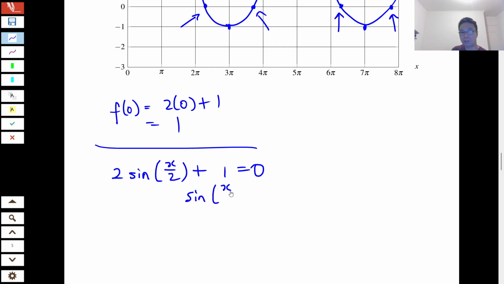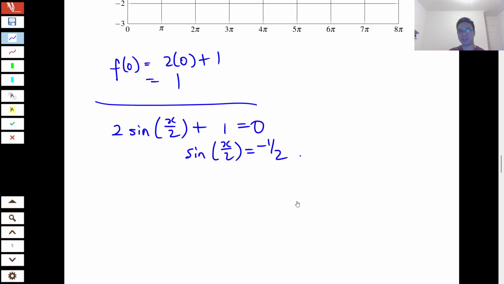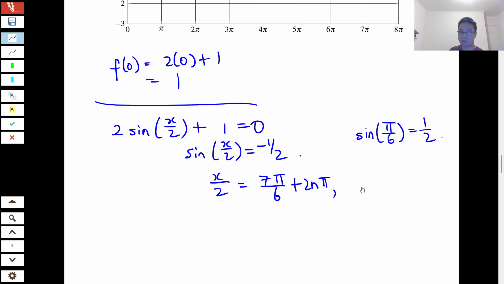Sine of x on 2 equals -1/2. This time I'm going to do it the long way. So I'm going to say x on 2 is going to be the corresponding angle in the third or fourth quadrant. So we know that sine of pi on 6 is 1/2. So I'm going to have x on 2 equals 7 pi on 6 plus 2n pi, and x on 2 equals 11 pi on 6 plus 2n pi.